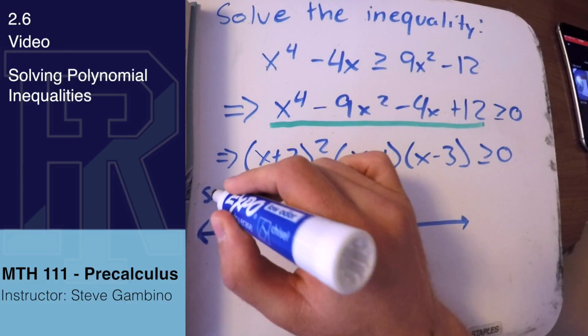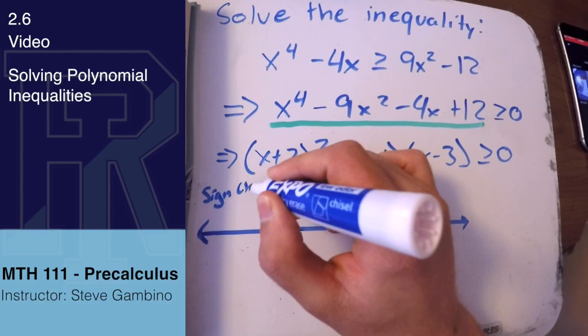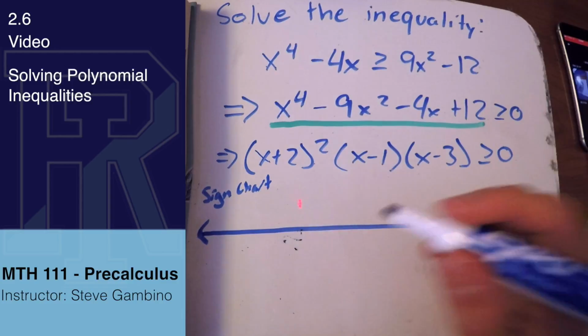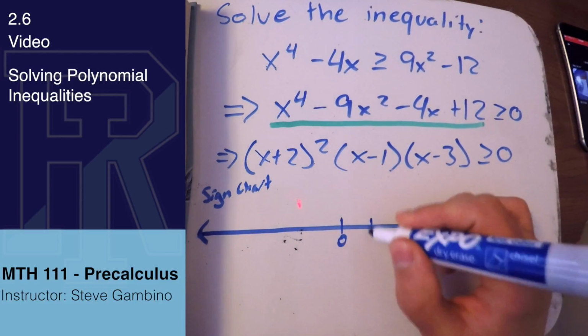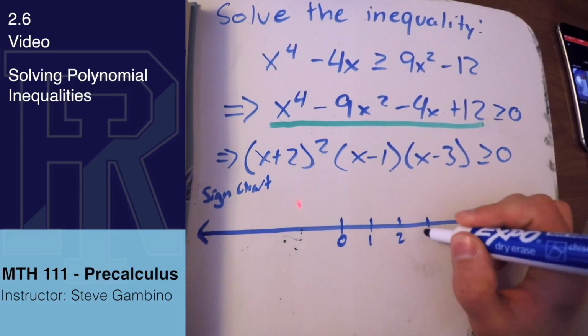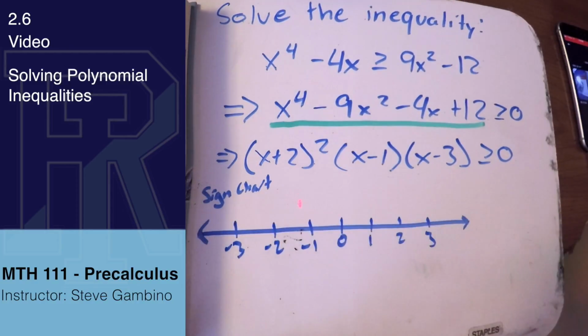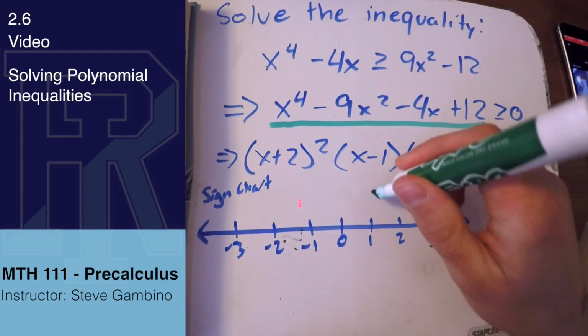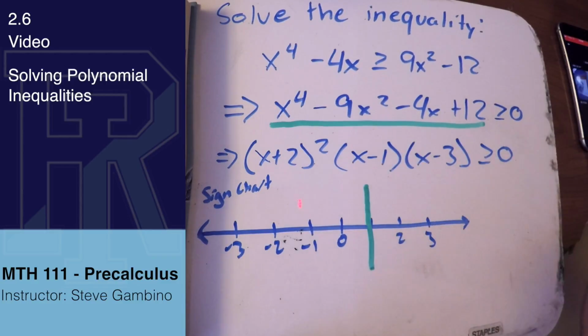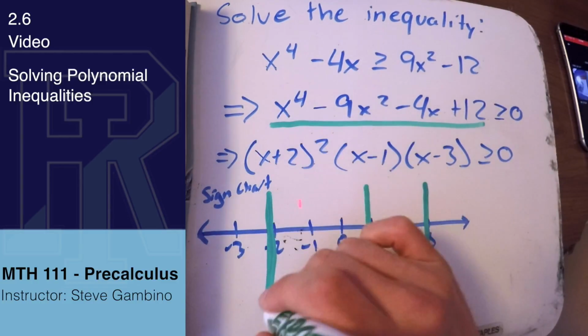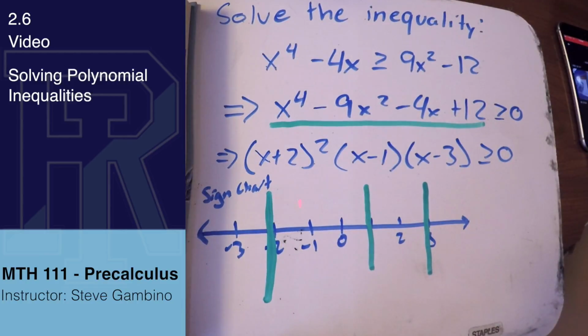So here's your sign chart. Sign as in plus or minus. So I can plot this like a real number line, and then wherever the roots are, I can go ahead and mark those off. So if this is 1, we have a root at positive 1, a root at positive 3, and a root at negative 2. So I'm going to go ahead and mark those off.